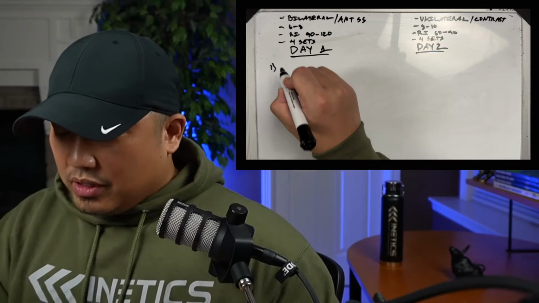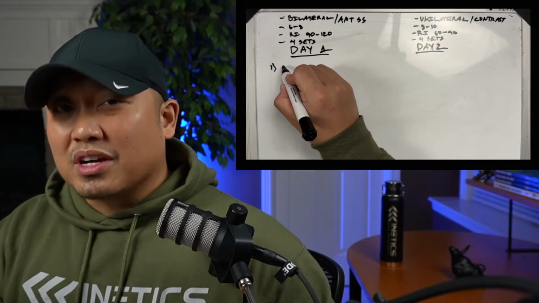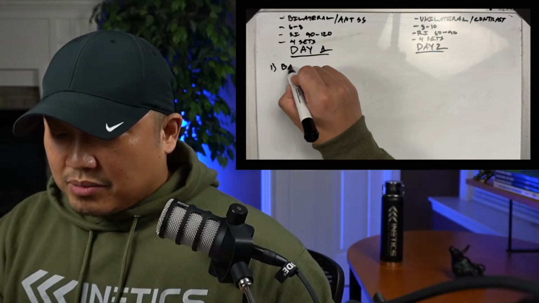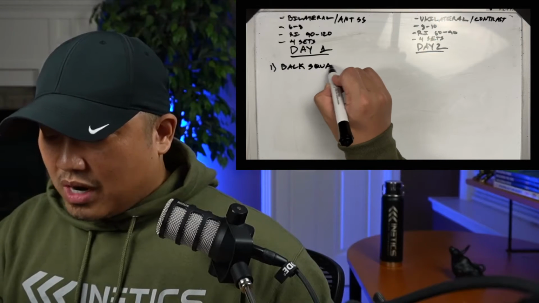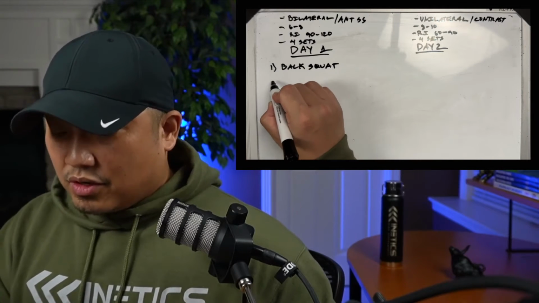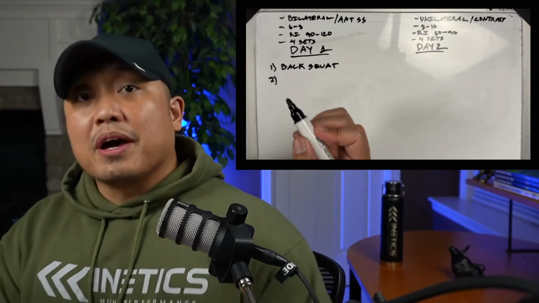Number 1, we did not do these on the last block, so we're going to toss this on here. My absolute favorite, as everybody knows, we're going to go with the back squat. That's going to be our squat pattern, obviously. I do want to do a hinge pattern.